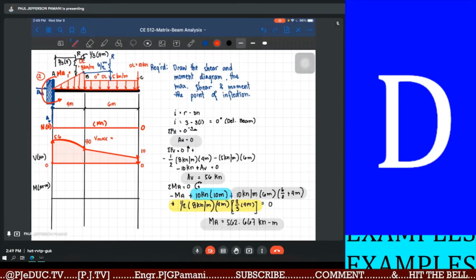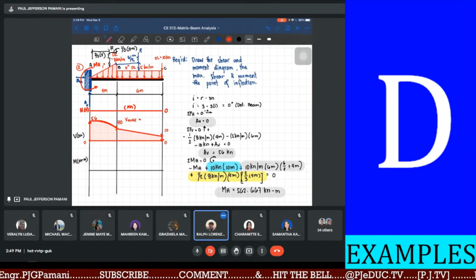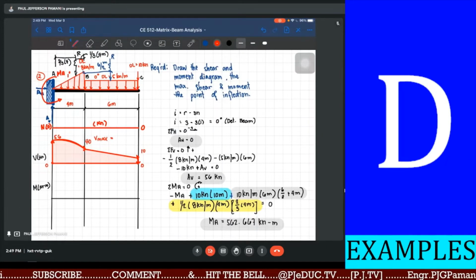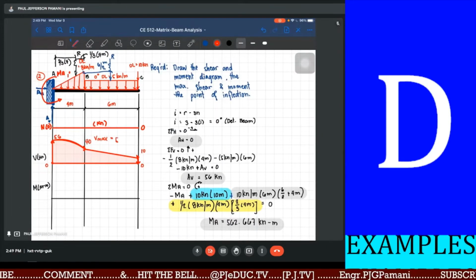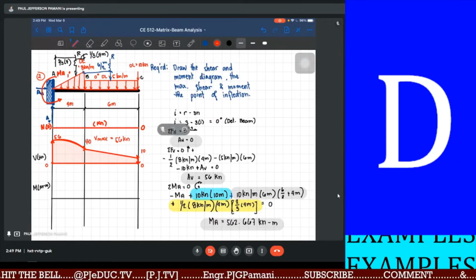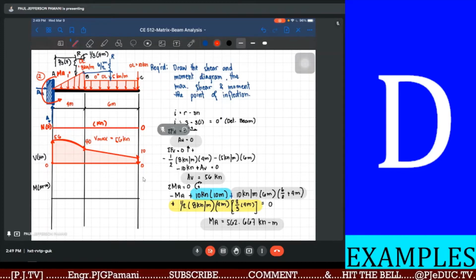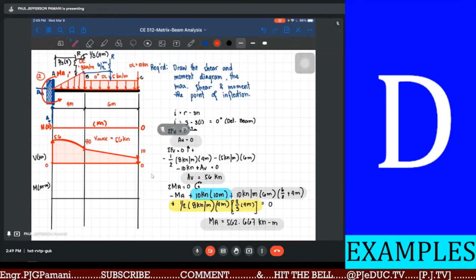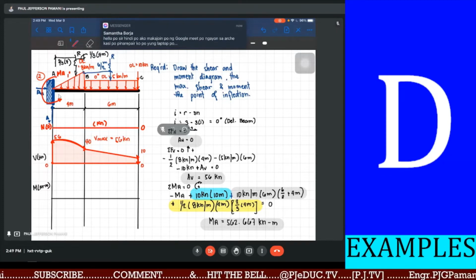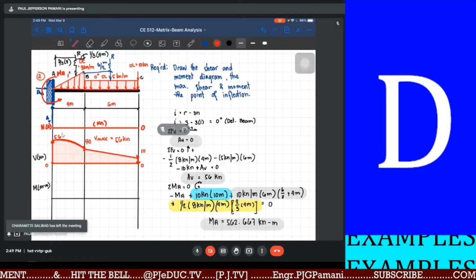Yung 562 po, sir. Yung ating 56 kilonewton. But that is already given, no? Most of the time, kasi when we are designing cantilever beams, most of the strain and stresses are now experienced at the fixed support of our cantilever beam.